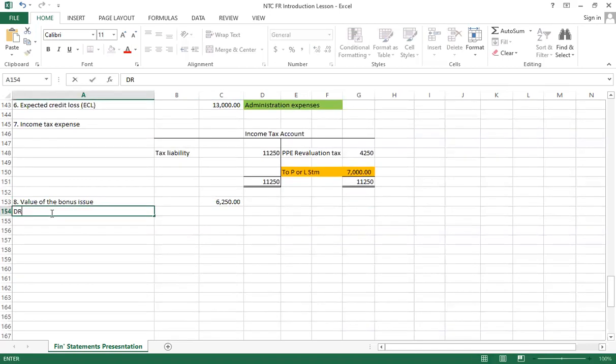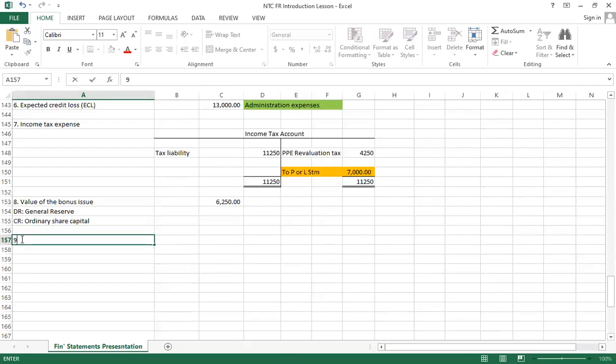The question has said that we capitalize the general reserve, meaning that you debit the general reserve, so you decrease the general reserve, and then correspondingly credit the ordinary share capital. That's an issue of shares, and so you increase your share capital.